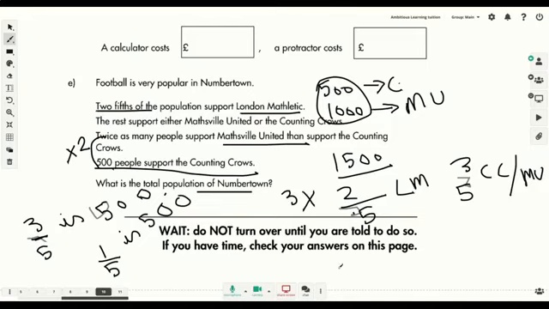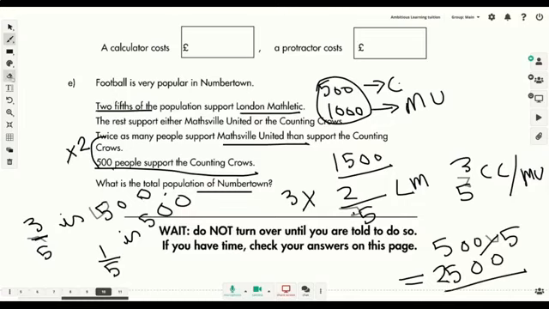So basically just multiply 500 by 5, because you know the whole population is 5 by 5. So 500 multiplied by 5 gives you 2,500, because they're asking how much the population is.